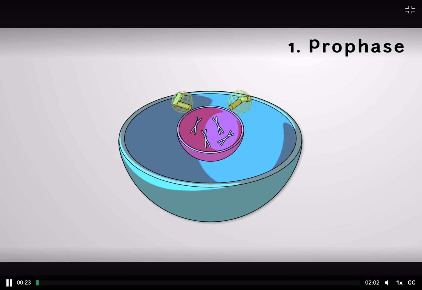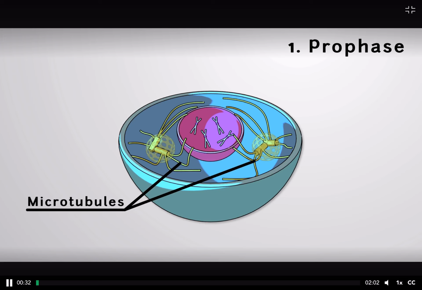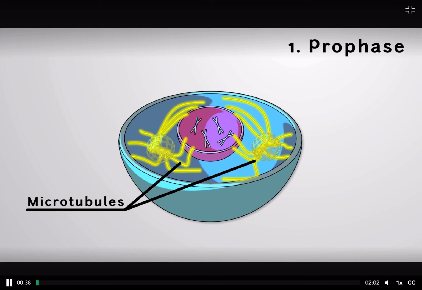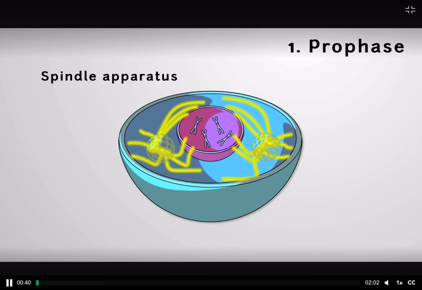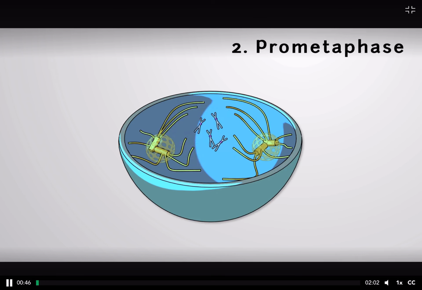Concurrently, outside the nucleus, 2 L-shaped organelles called centrosomes migrate to opposite cell sides. As they do so, microtubule rods begin to grow from each, either towards the cell's interior or exterior, forming a web-like spindle apparatus. Next, the nuclear envelope dissolves during prometaphase, exposing the chromosomes to the cell's other contents.